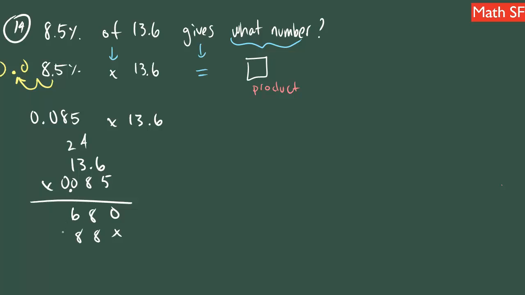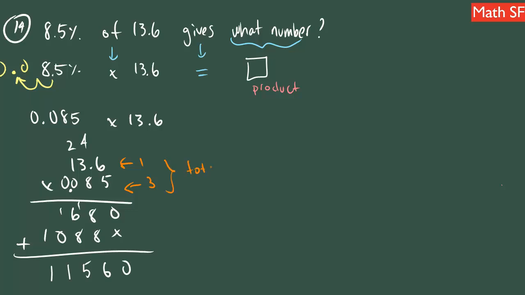Since these are zeros, it's going to be a bunch of zeros, so we don't have to multiply them. So in total, how many decimals do we have? Let's count. I have 1 decimal here, and I have 3 decimals here.